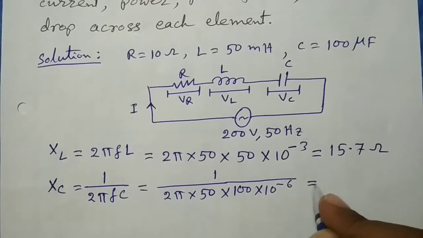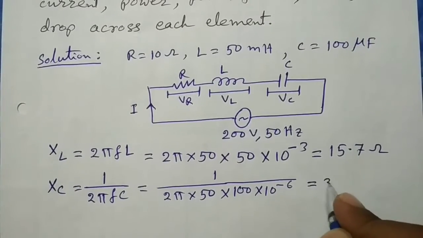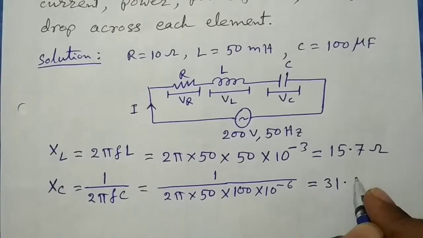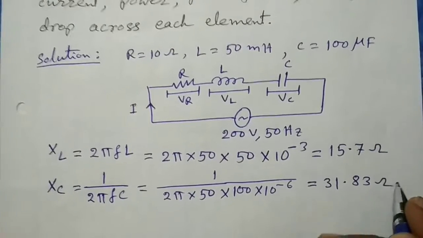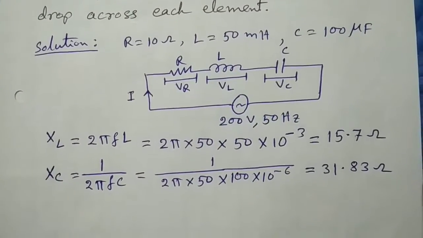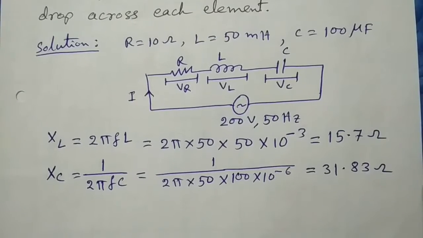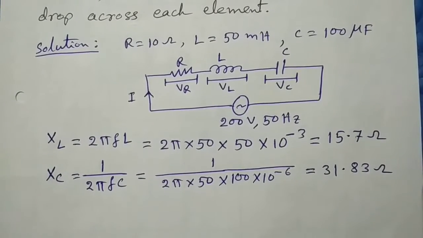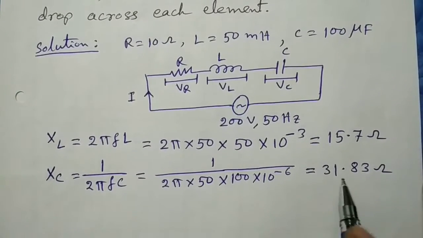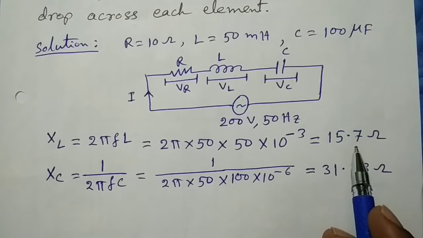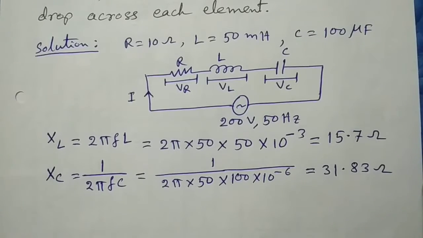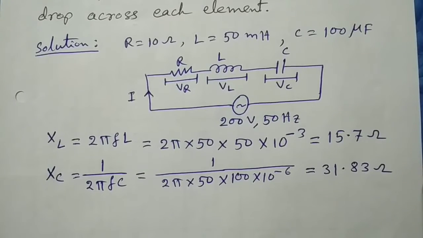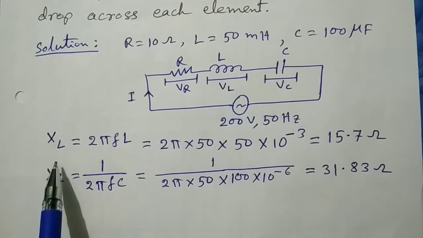And if we solve this, we will get the value as 31.83 ohms. Here one thing can be noticed, that the value of Xc is greater than XL. That means the nature of this circuit will be resistive capacitive, because capacitive reactance is more than the inductive reactance.